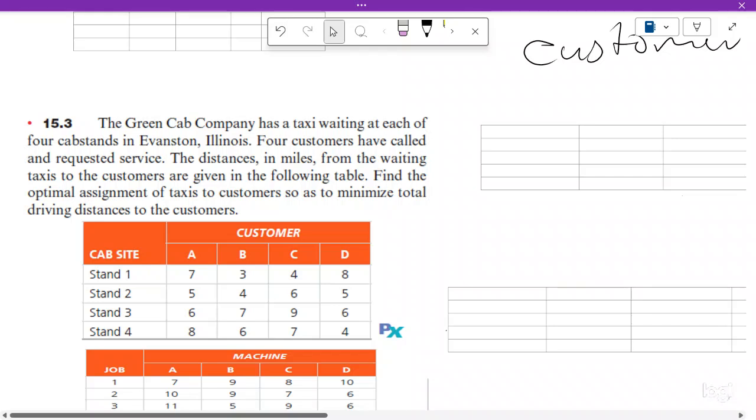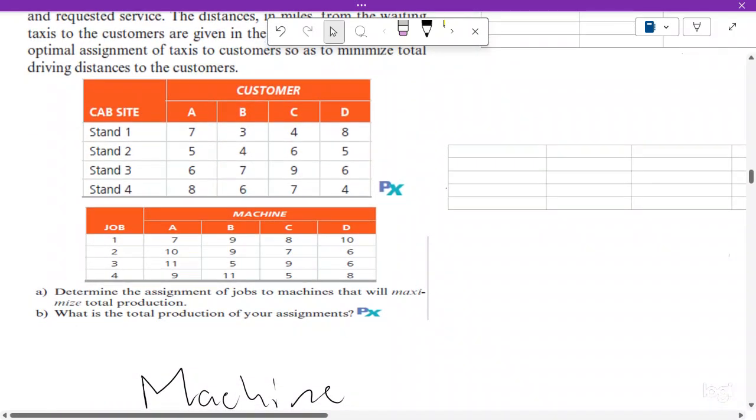Find the optimum assignment of taxis to customers so as to minimize total driving distance to the customers. So you must find that optimum solution.